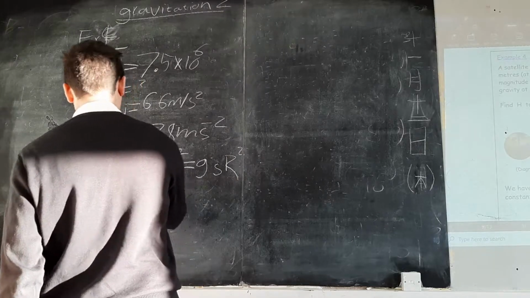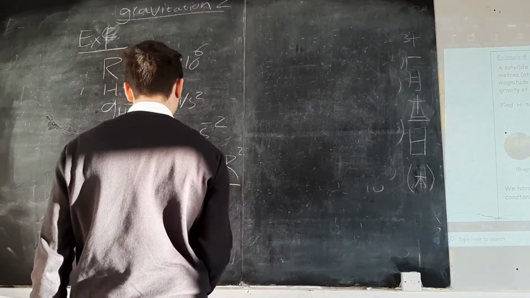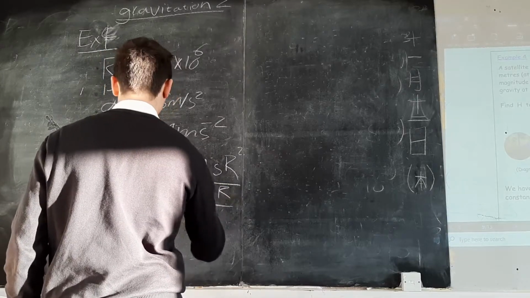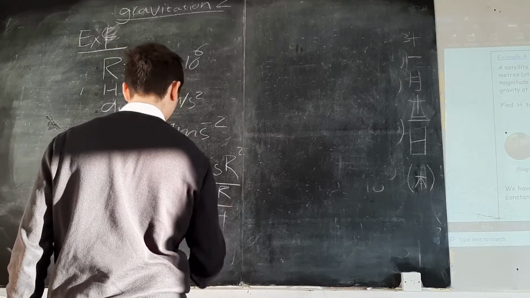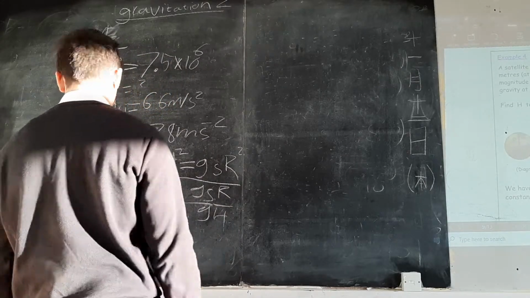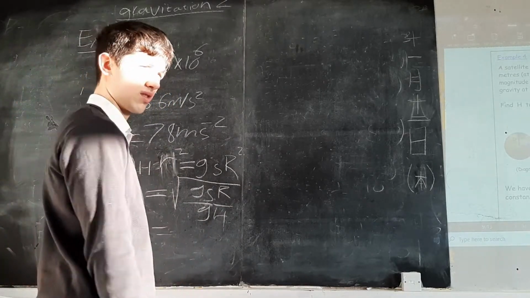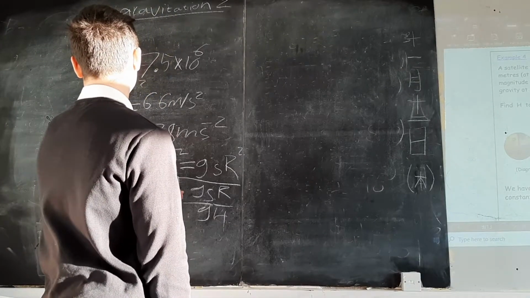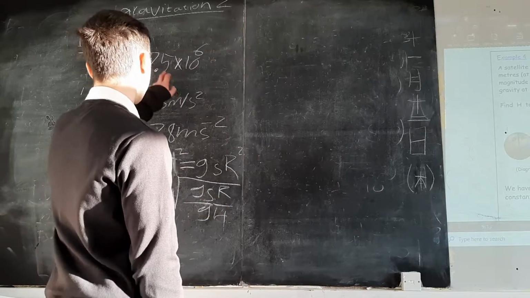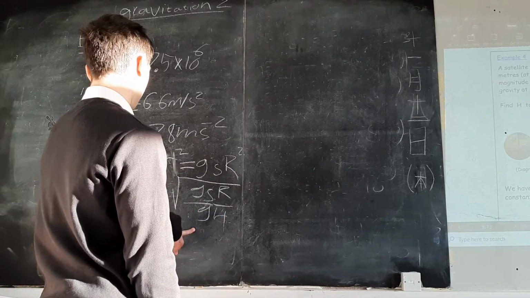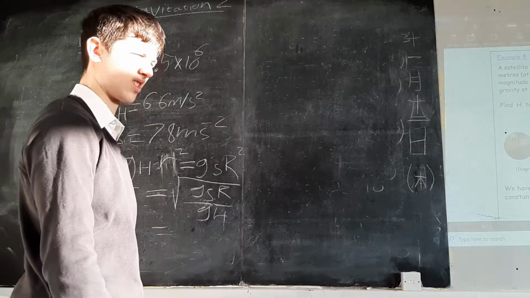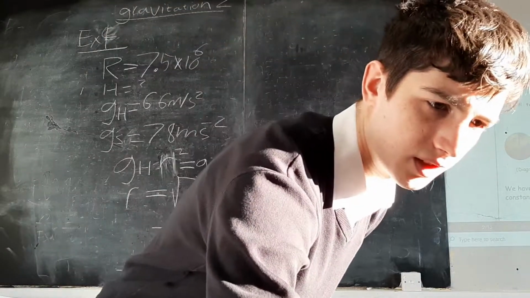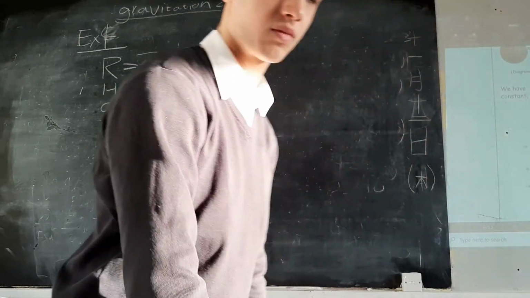Okay, so GS R divided by GH, and let's just slap in the numbers. GS is that, R is that, and the other gravity is that, and square root of it, which gives you 153. Let's check. Yep.